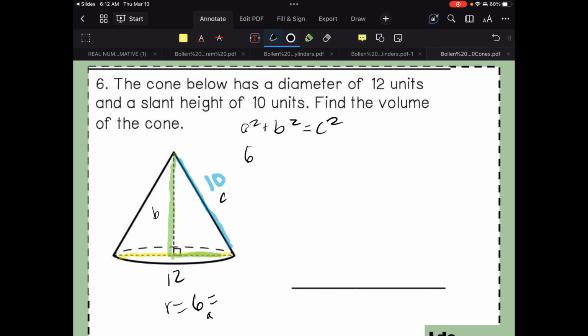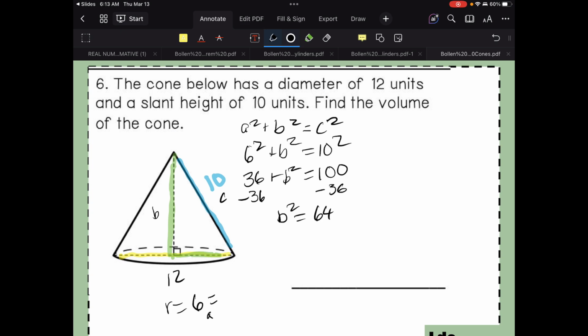We have 6 squared plus b squared is equal to c squared, or 36 plus b squared is equal to 100. And then you subtract, b squared is equal to 64. The square root of 64 is equal to b, so b would be equal to 8.